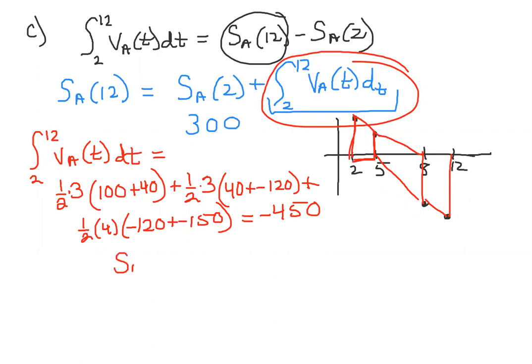So A of 12 equals 300 minus 450, which is negative 150. And you would say, because it's negative, that means it's to the west of the origin. So you could say the position of train A at time t equals 12 minutes is approximately 150 meters west of origin station. All right, that was kind of a complicated one.